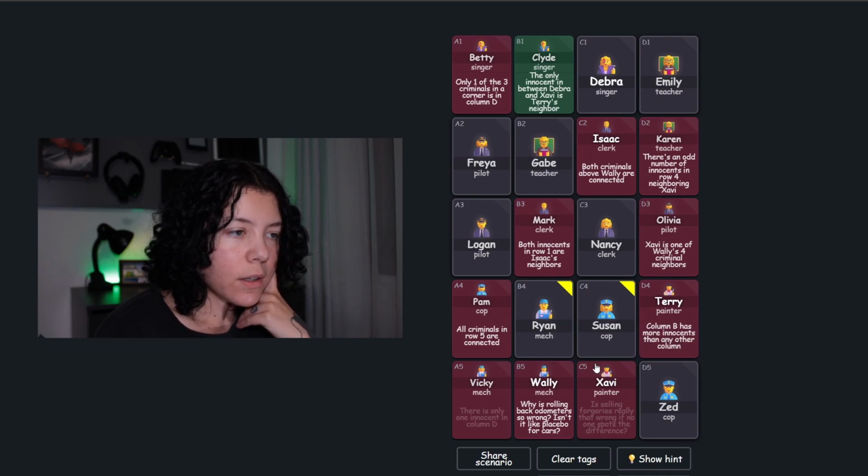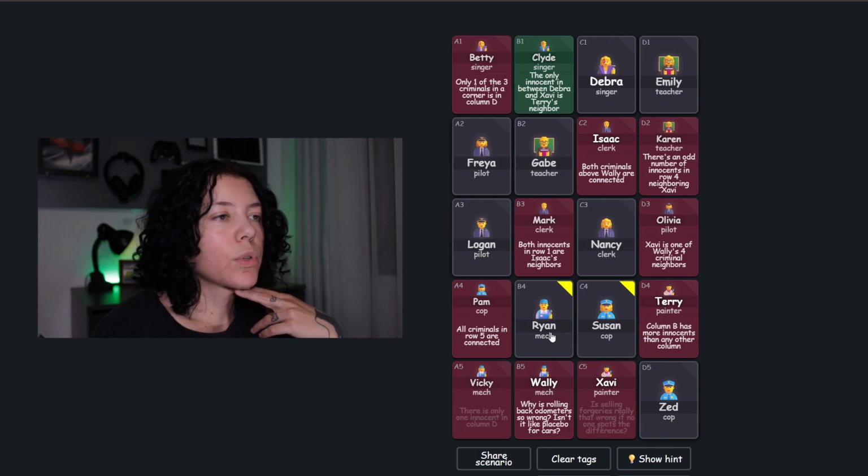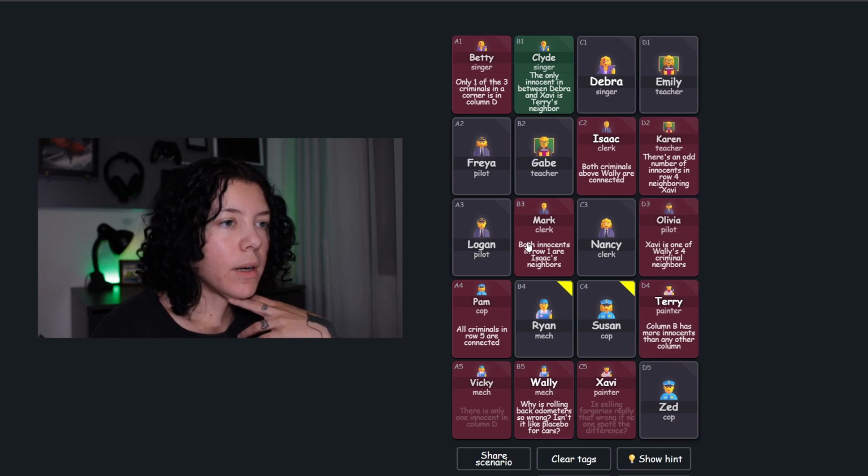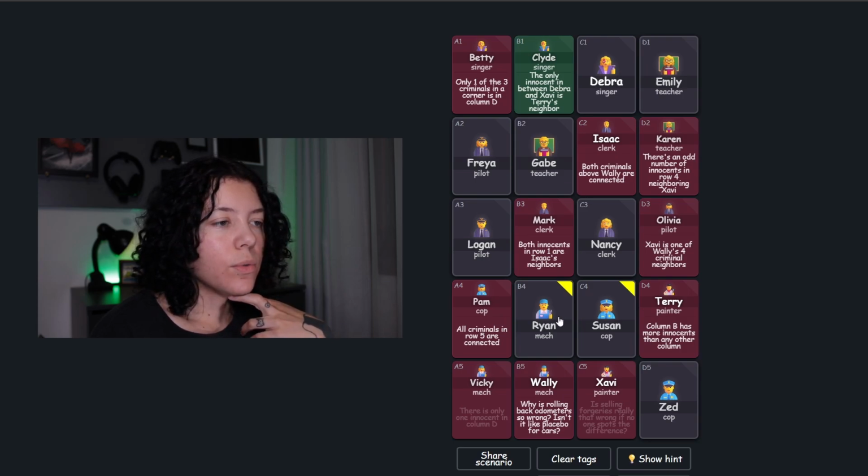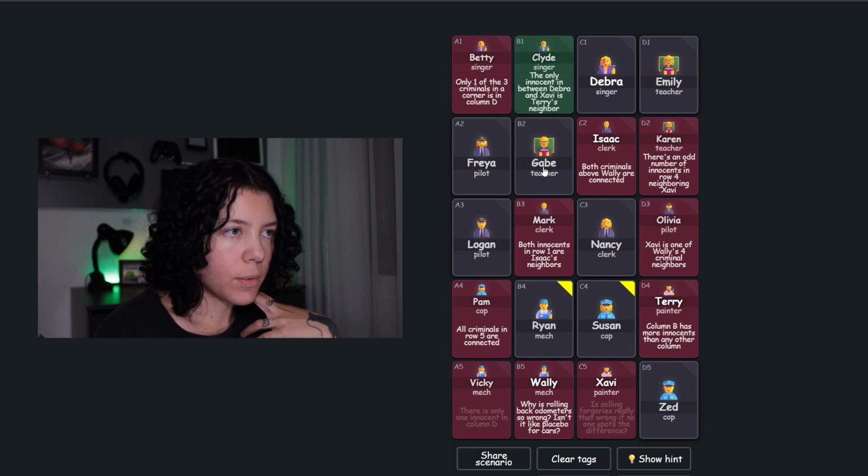Oh, we also had the clue telling us that all criminals were connected in column B, right? Both criminals above Wally are connected. Right, so we don't know yet if Ryan or Gabe is the criminal.